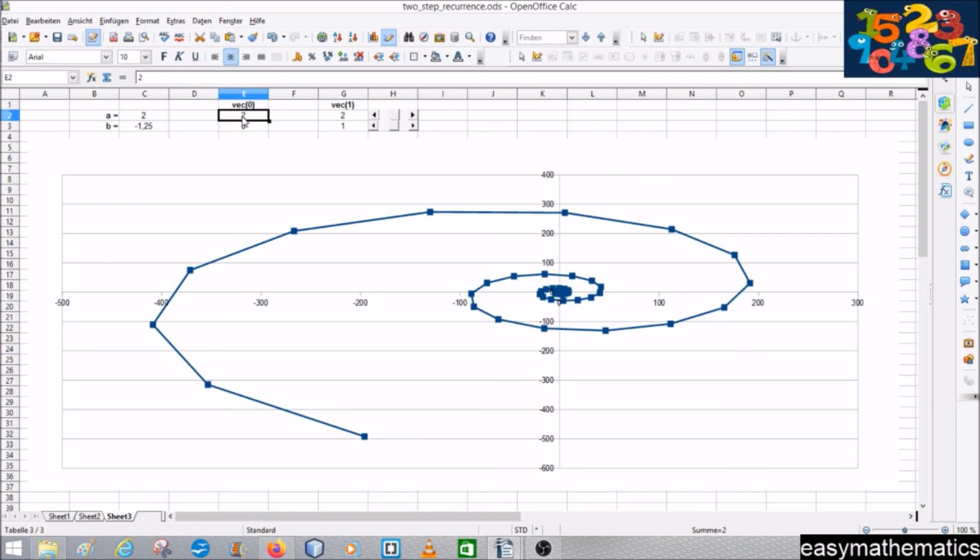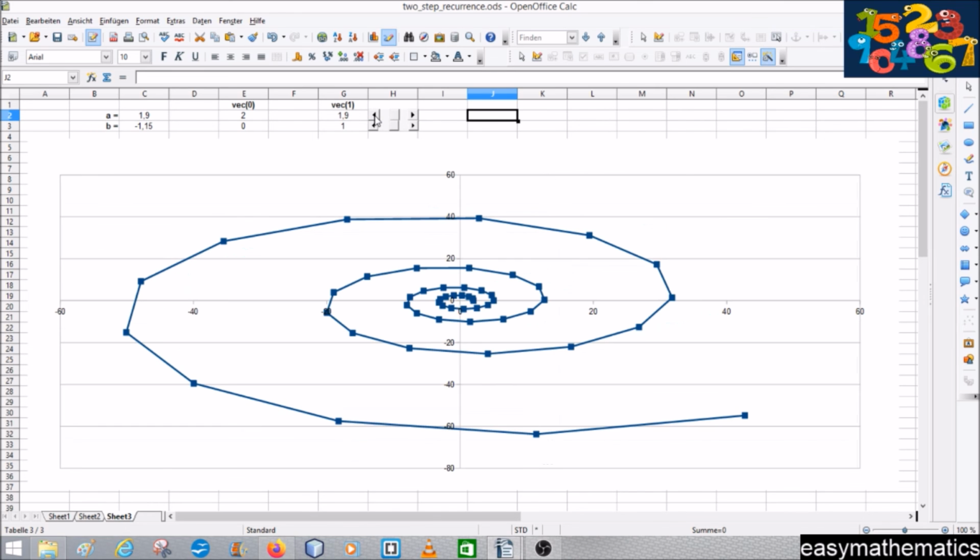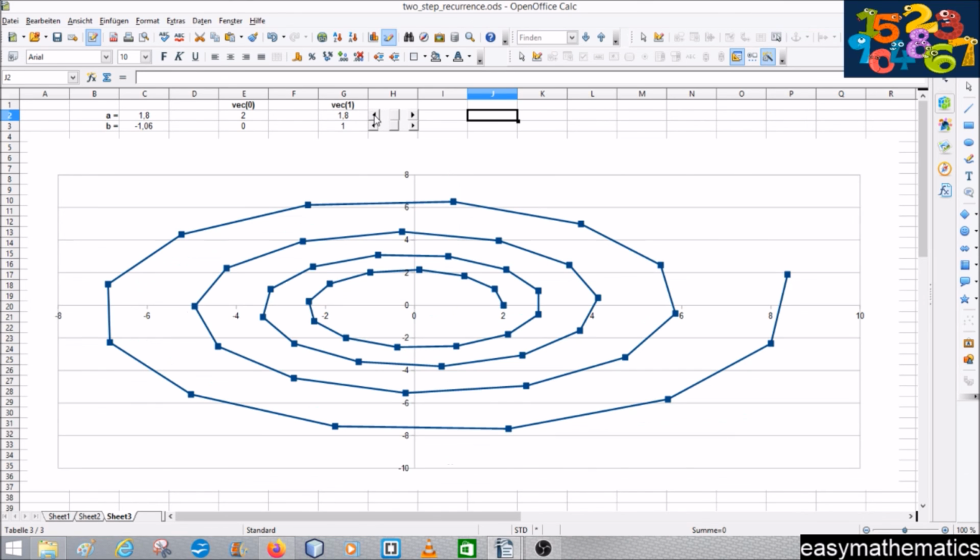If we take initial values 0, for example, and 1, we see a nice spiral, and again we can play around with the components of the second initial vector, and you see very nicely a spiral behavior.